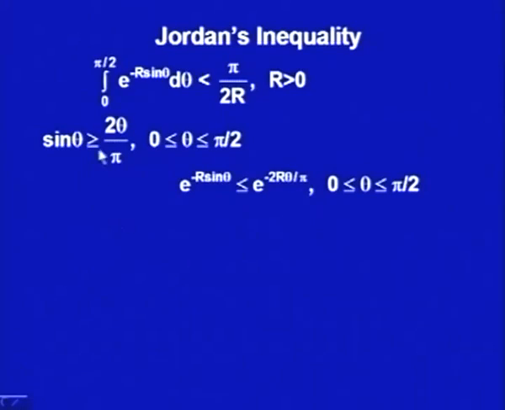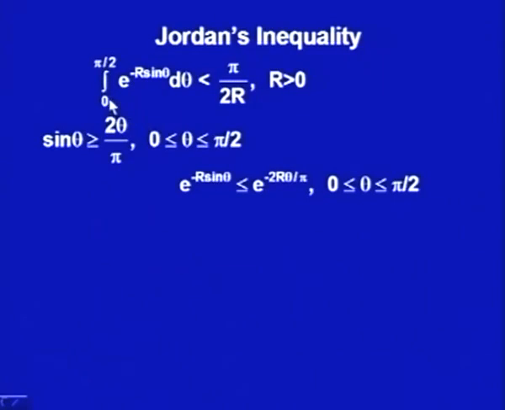Since sin theta is greater than 2 theta upon pi, r sin theta would be greater than 2r theta upon pi, and that would be in the denominator. So, what we would actually get is e to the power minus r sin theta is less than or equal to e to the power minus 2r theta upon pi in the range 0 to pi by 2. We are interested only in the range 0 to pi by 2 because this integral is on the range 0 to pi by 2.